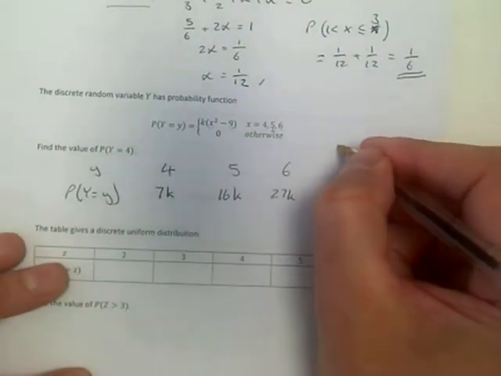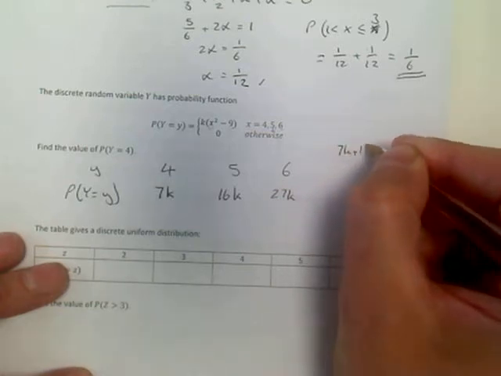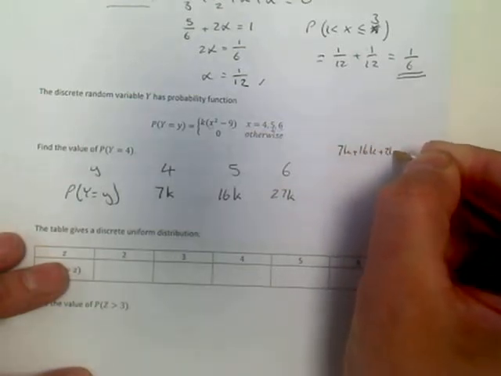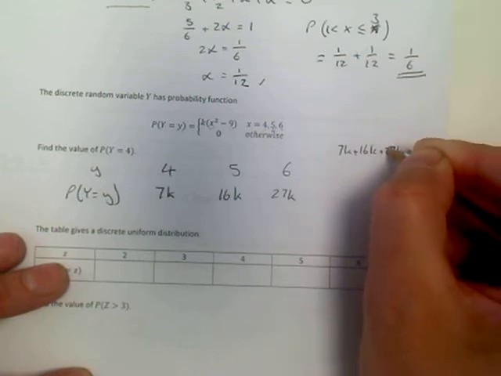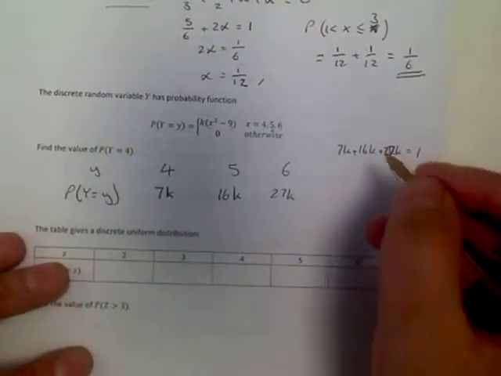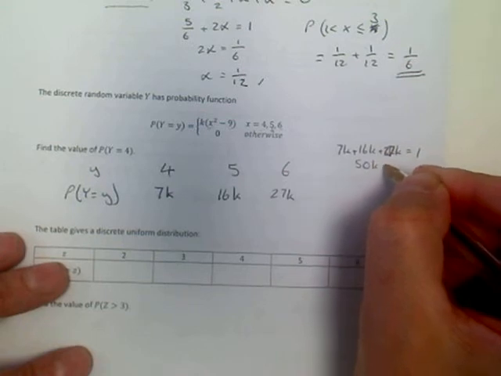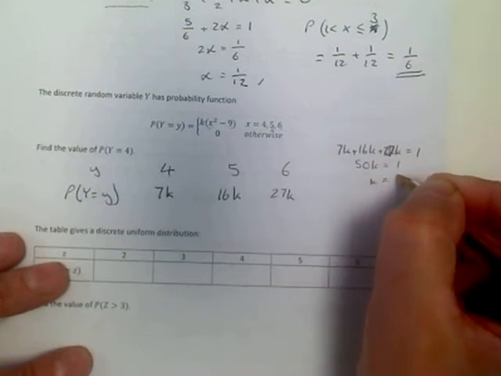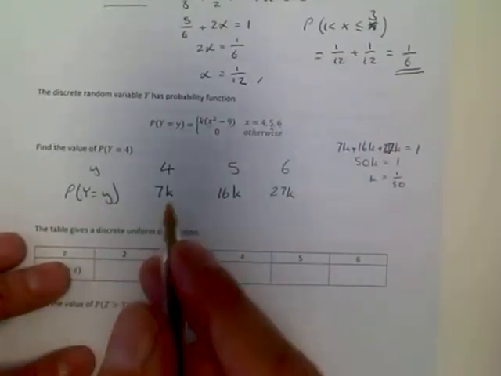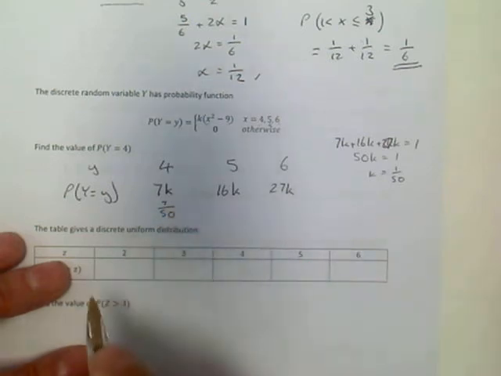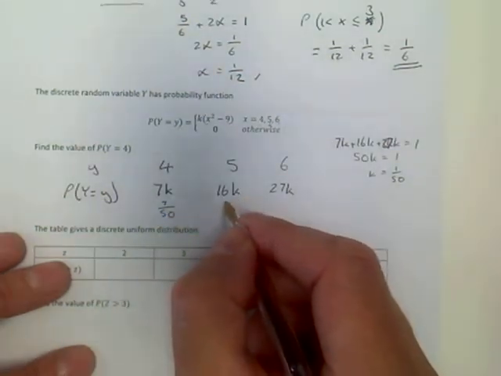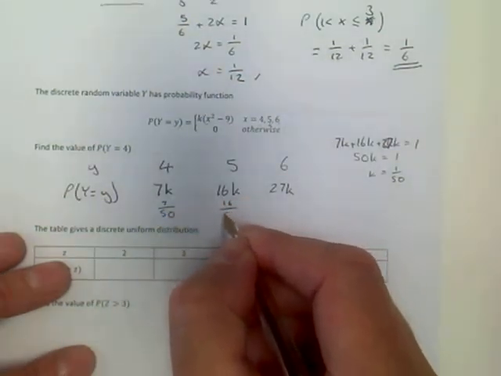Okay, I now know that 7k plus 16k plus 27k equals 1. So I can solve that for k. That's 50k equals 1, so k equals 1 over 50. So what this really means is that the probability of getting a 4 is 7 out of 50. The probability of getting a 5 is 16 over 50.